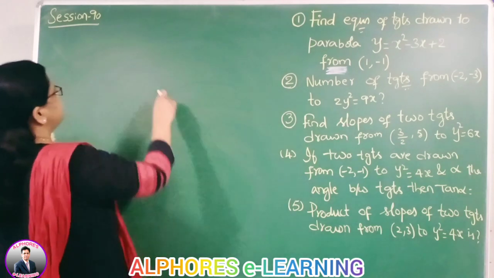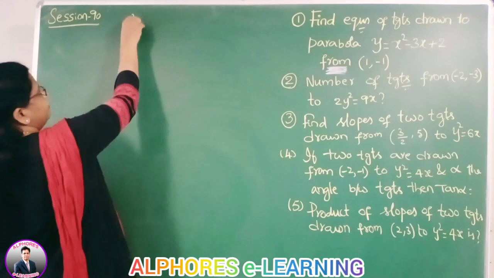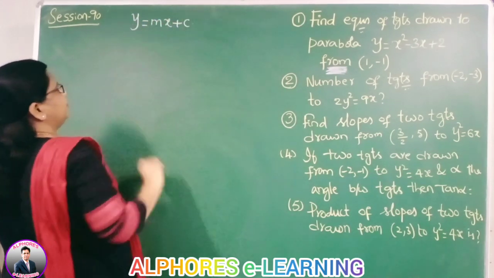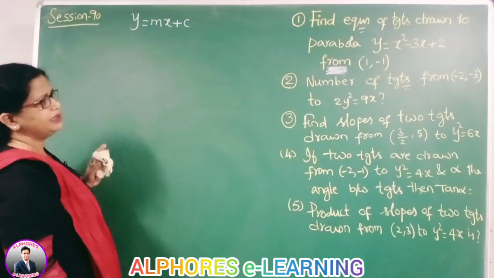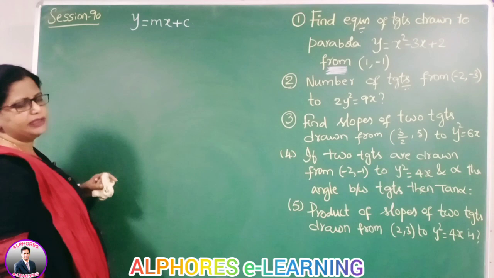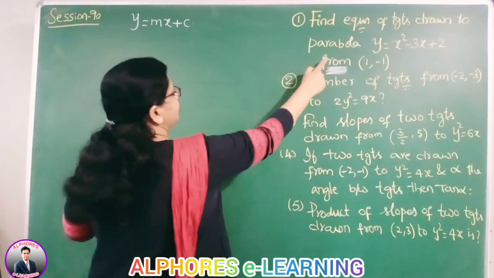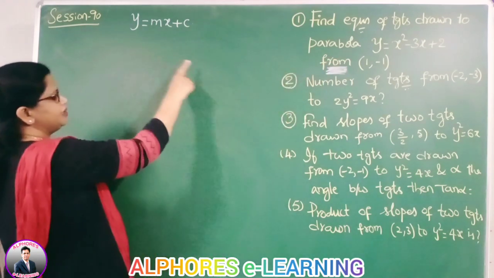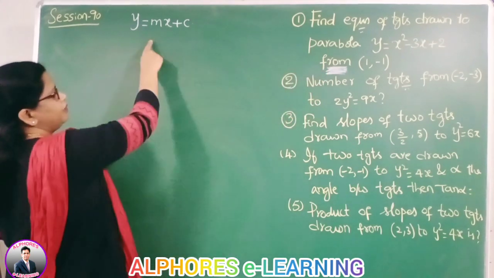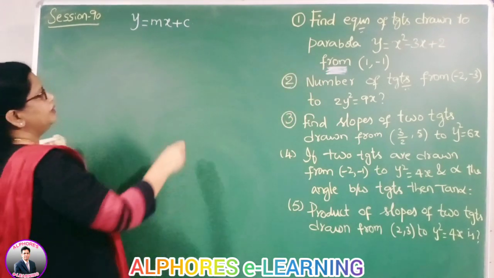In one of the methods, let us take y equal to mx plus c as the tangent. Now this tangent is actually passing through 1 comma minus 1. The point is not on the parabola, but tangents are drawn from the point, which implies the point 1 comma minus 1 is on the line.